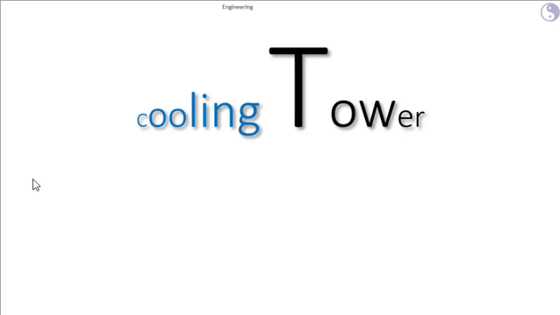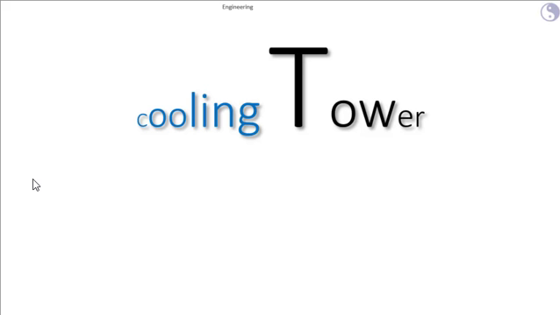Welcome. Today we'll discuss the cooling tower. We have already understood that a condenser requires a large amount of cooling water for converting the exhaust steam from the turbine to condensate, or water.